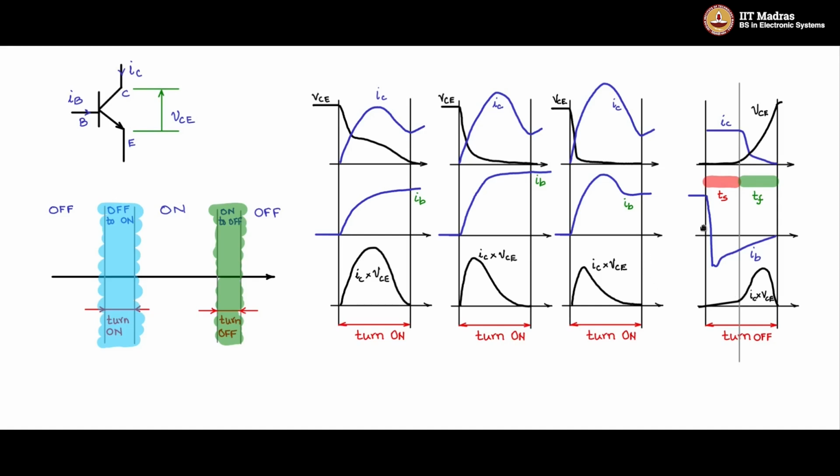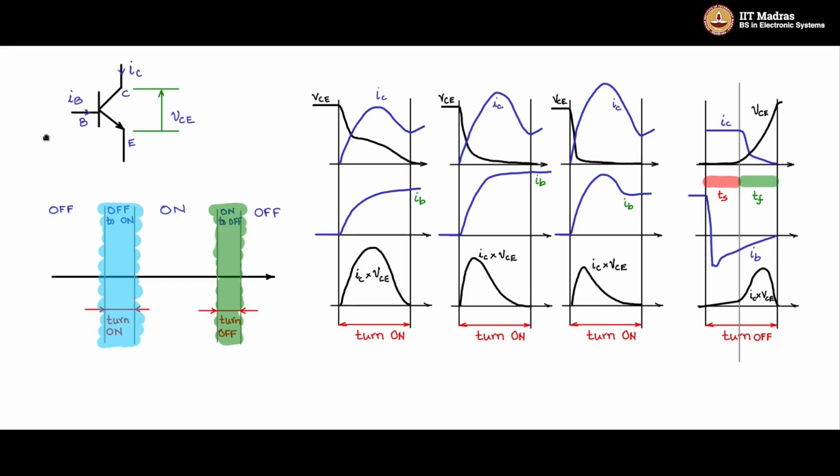So the nature of the base drive that we have to give: look at this. This is the turn-off portion. You give a surge base drive for on, and then you have an on-state base current, and then while turning off, we have to have a facility for negative base current so that current can flow in the negative direction and sink somewhere.